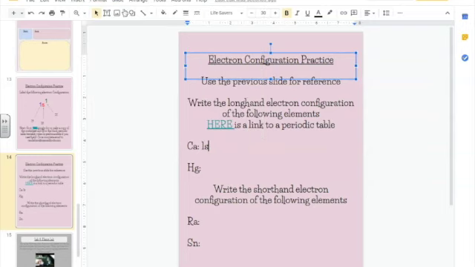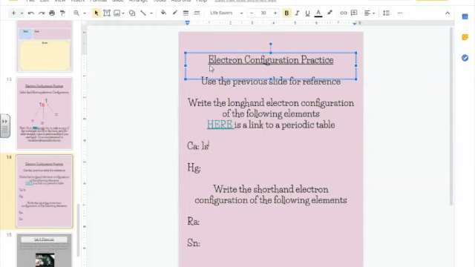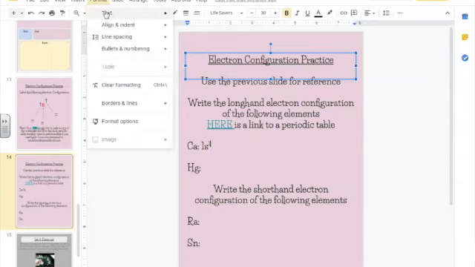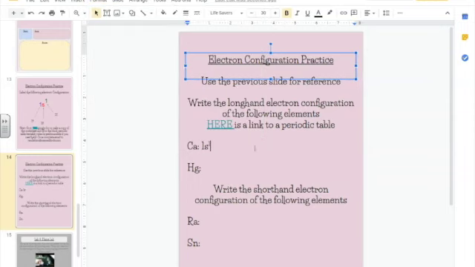So you click superscript. So to show you again, Format, Text, superscript. And that's how you do that. Now to make that no longer a superscript, you will have to go through and click it again, and now it is back to the regular format.